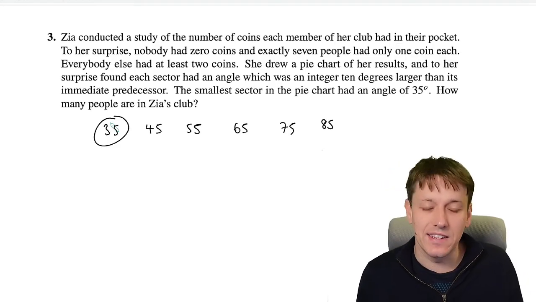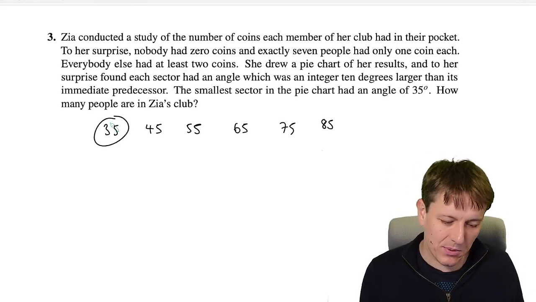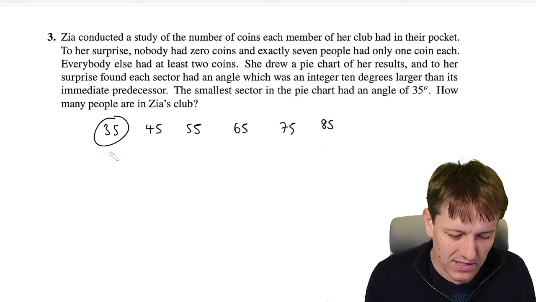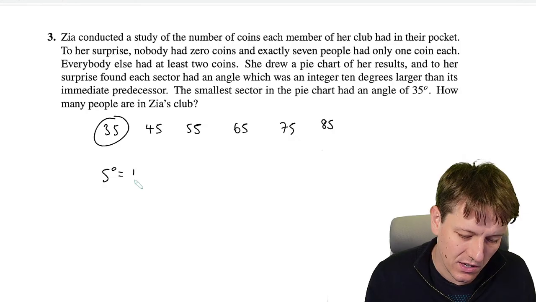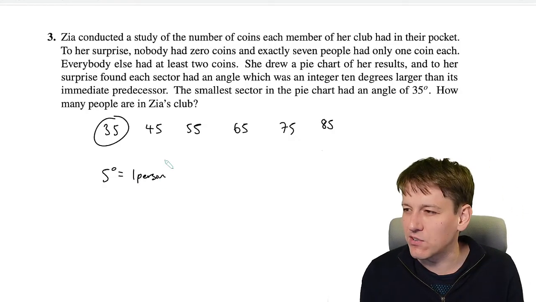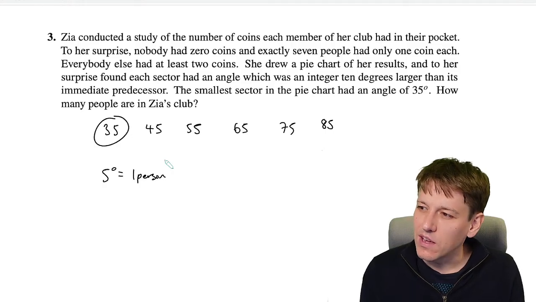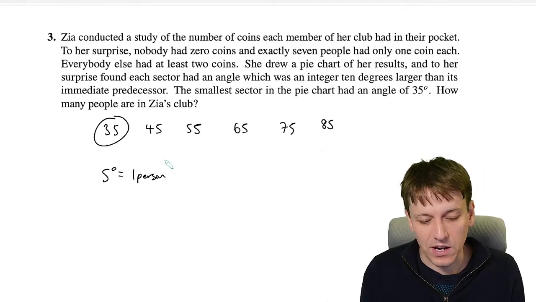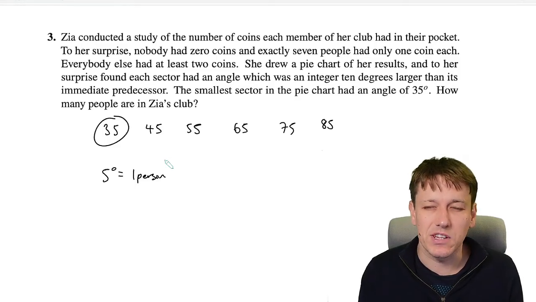Anyway, it's the only one that can be the 7 people. It's the only one that's a multiple of 7 here, so if this is 7 people, then it's 5 degrees for 1 person, and you can check that if you make any of the other sectors the 7 people, you're going to end up with one of the sectors not representing a whole number of people.